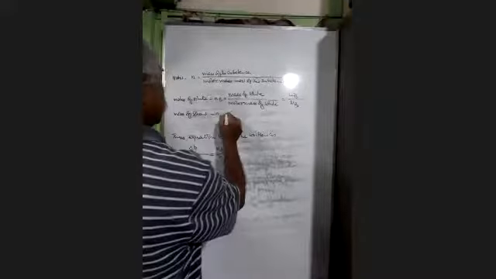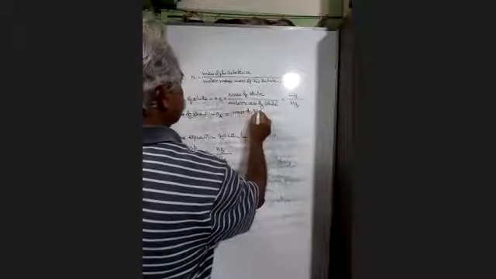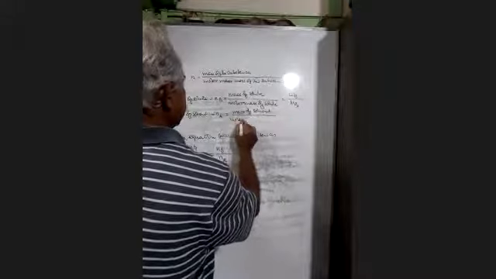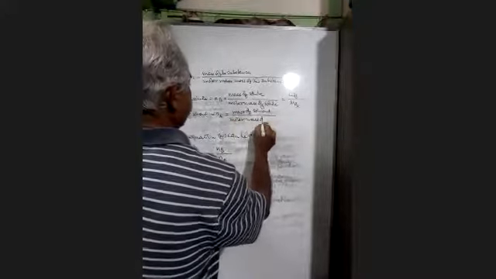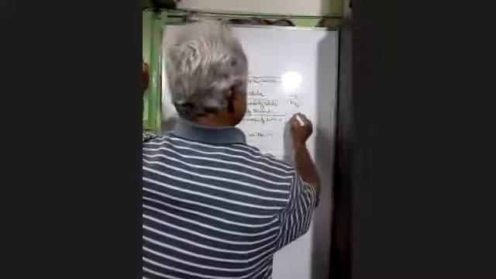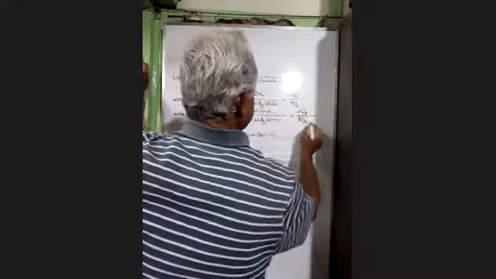See here. Moles of solute. So NB is equal to what? Mass of solute divided by molar mass of solute. So what should I write now? Symbol will be what? WB by M. M is the molar mass, W is the mass. Then moles of solvent. What is the symbol? NA. So what is this? Mass of solvent divided by molar mass of solvent. So WA divided by MA.